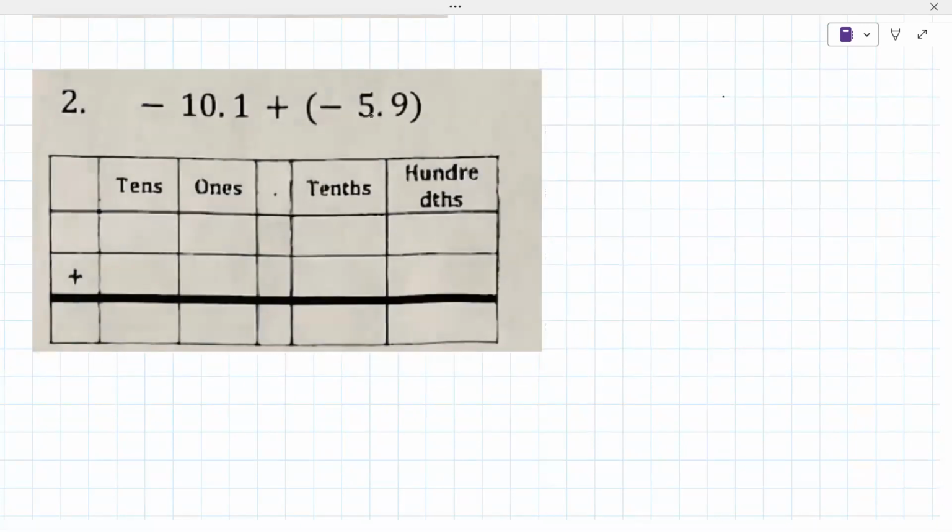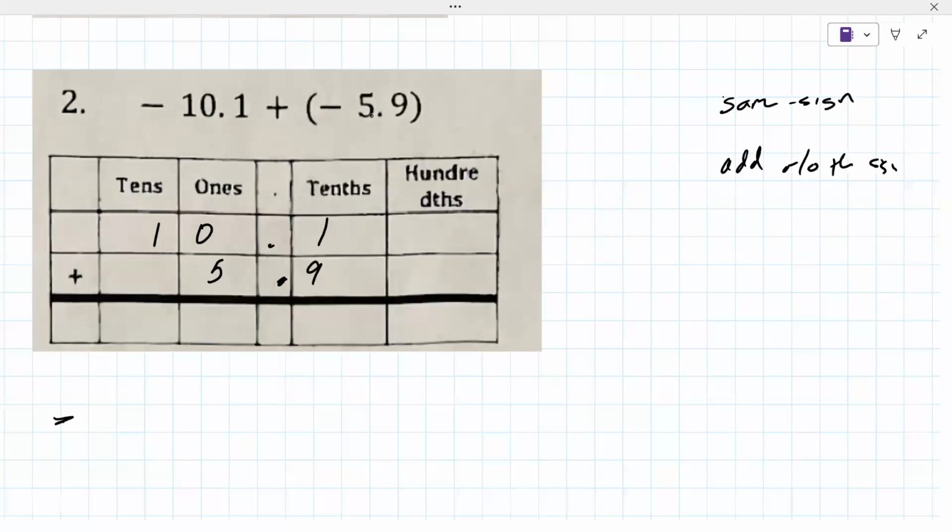No, when they're same sign, you keep the sign. These are same sign. Oh, so you keep the sign. Negative. Yes, so negative. The answer's negative, and then you add without the sign. So 10.1, 5.9, you just add them up without the sign, but you know your answer is negative.